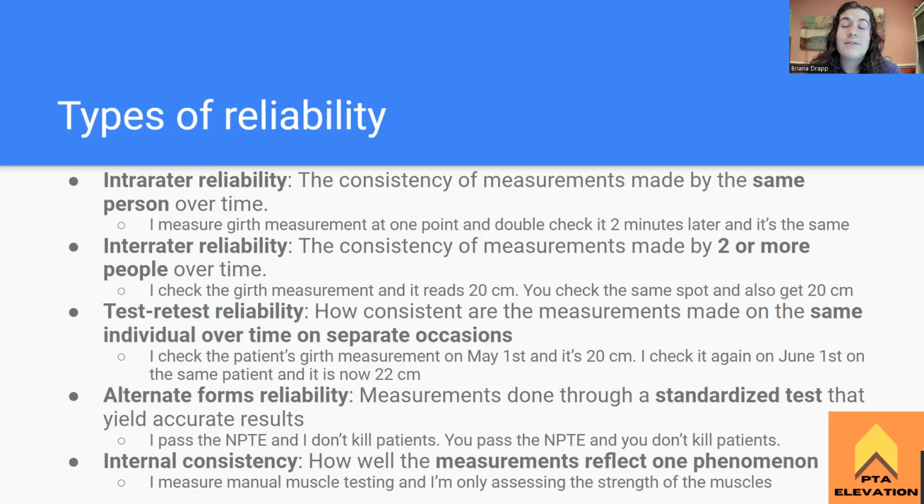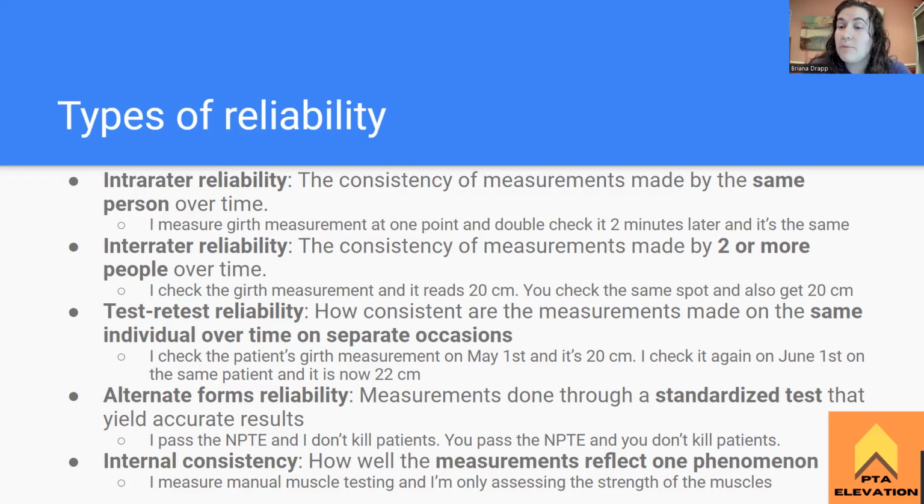Now, test-retest reliability is how consistent the measurements are when made on the same individual on separate occasions. That means we do a test on one individual and then we do it again later. That's why the PT will often list a ton of different tests to perform on reevaluation, such as a 6-minute walk test, timed up and go, and 5 times sit to stand. All these measurements are used because they are reliable when it comes to test-retest reliability.